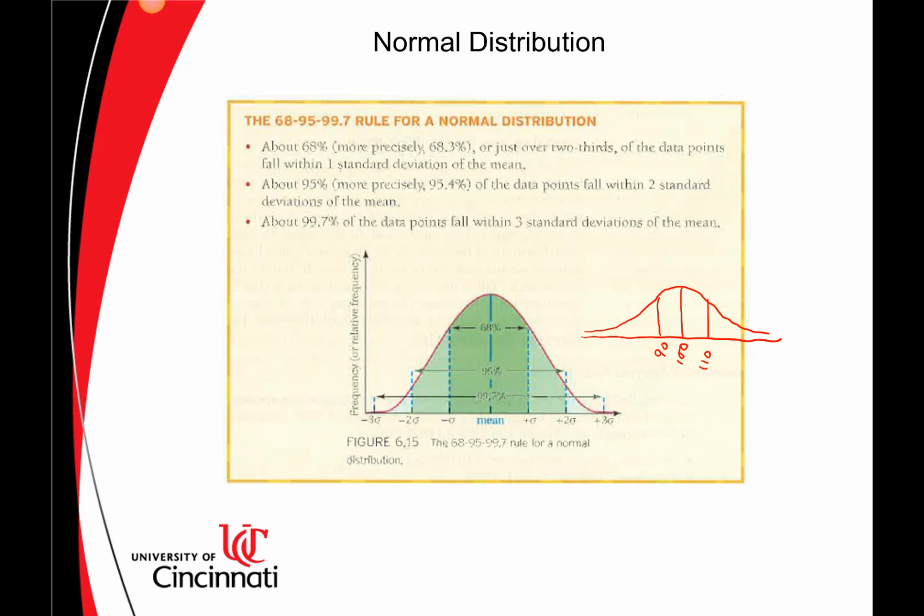In fact, what percent of the people are going to have an IQ between 90 and 110? About 68%. Does that make sense?